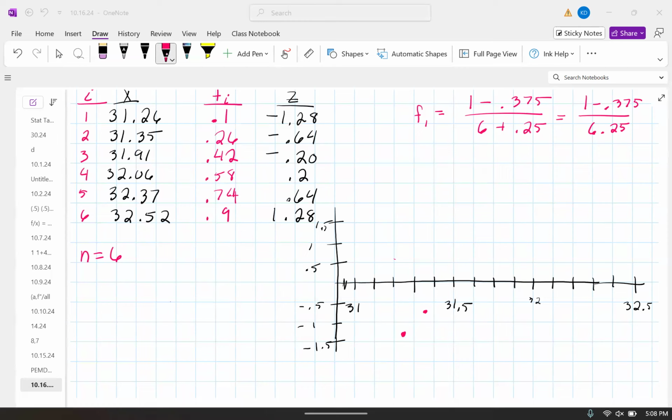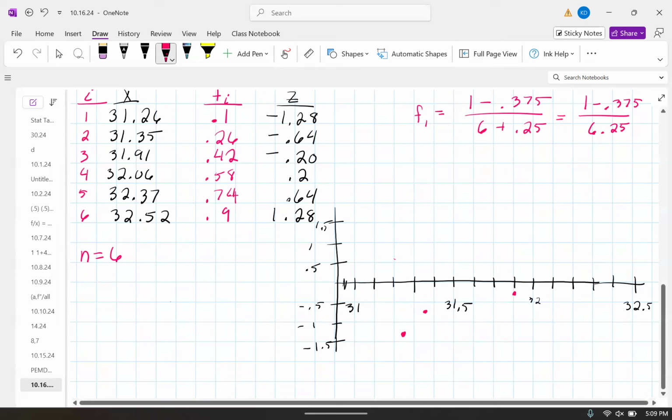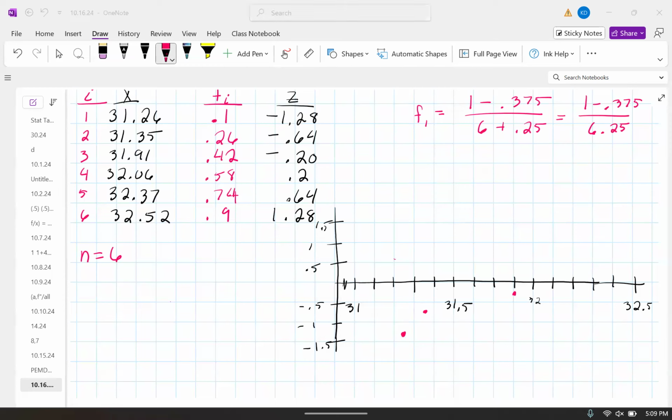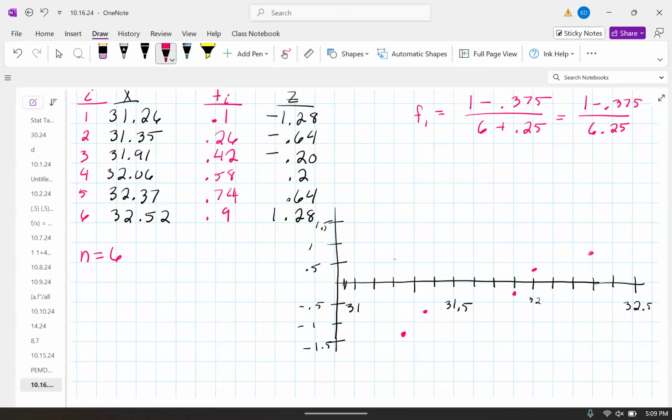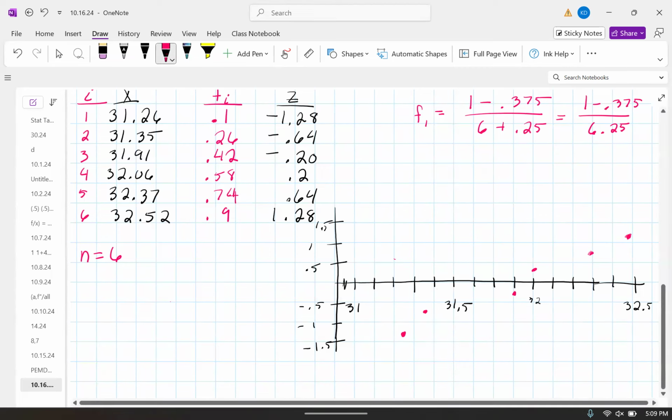Yeah, 31.91, so here-ish, and I'm going to go to negative 0.2. Then I get 32.06 and I go up to 0.2. 32.37 and I go up to 0.64, here-ish. And then finally 32 and a bit, and I go up to 1.28, which is here-ish. Plot your data values.